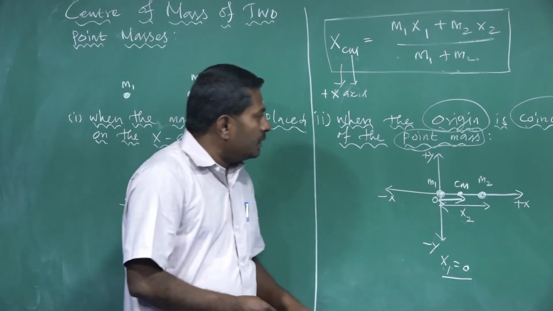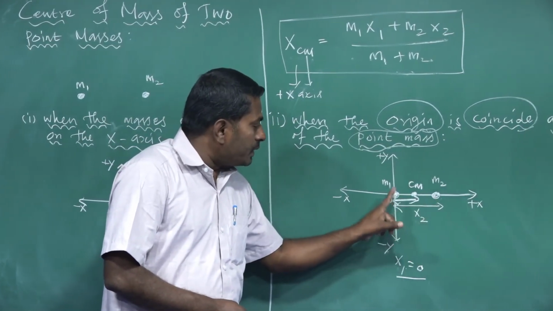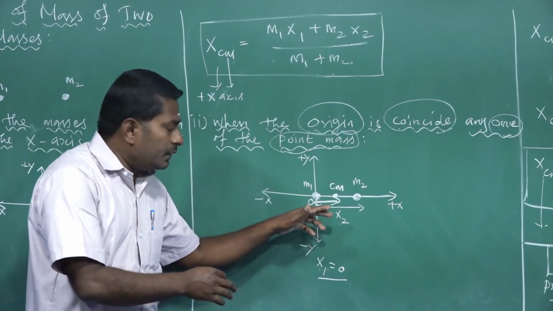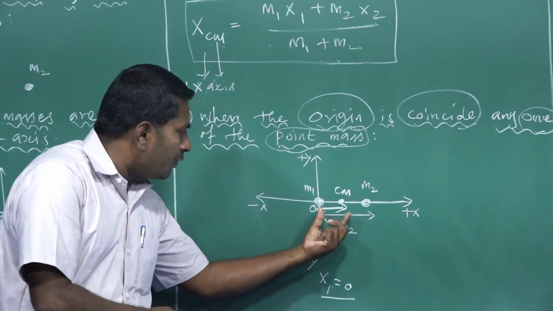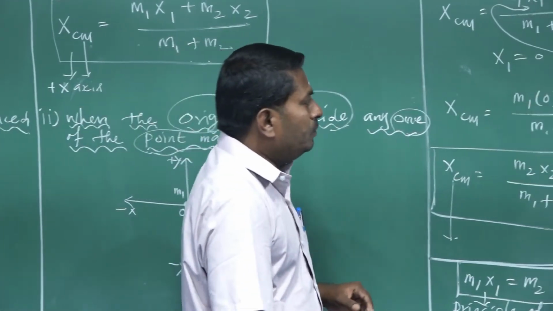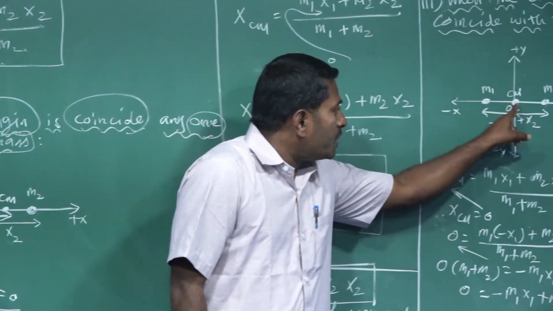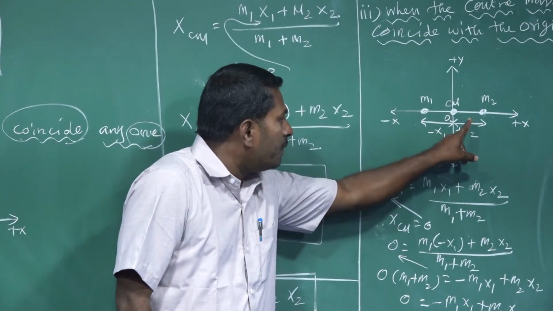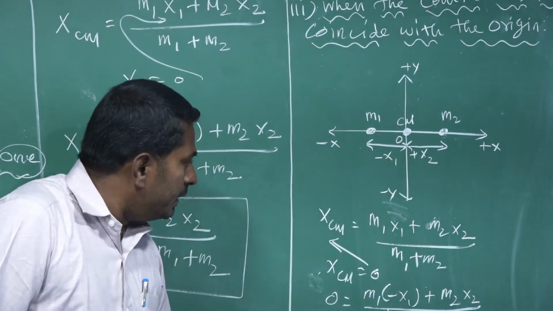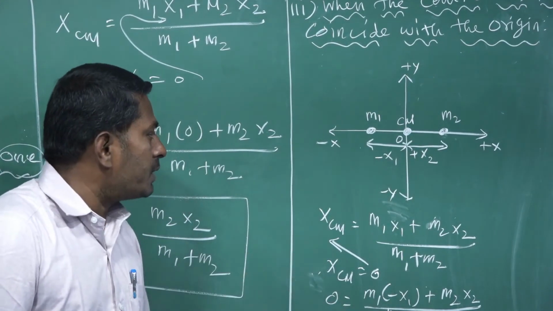Another one is, out of 2 point masses, any one of the point masses is made to coincide with the origin. Then it is an easy way to determine the center of mass point of your 2 point masses. Another one, that is a third way, when the center of mass point of the 2 point masses is made to coincide with the origin, it is possible to determine the center of mass point of the 2 point masses of the system.